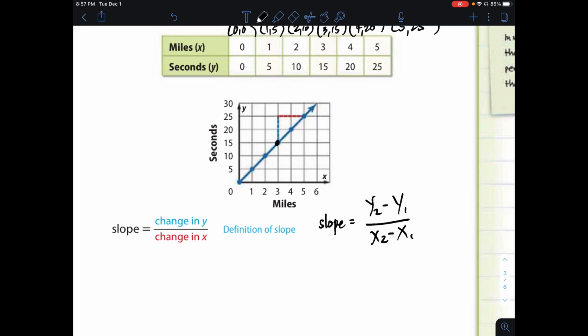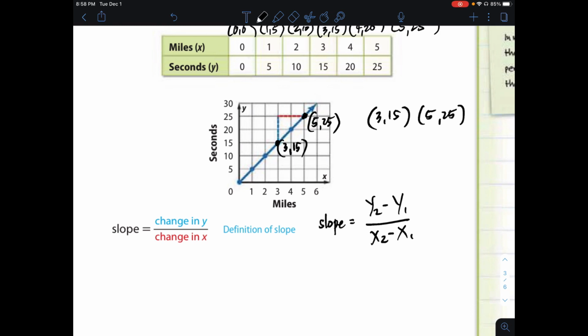So this point is (3, 15), and this point right here is (5, 25). Remember, if I use (3, 15) and (5, 25) as my points to find my slope, I can actually label this.